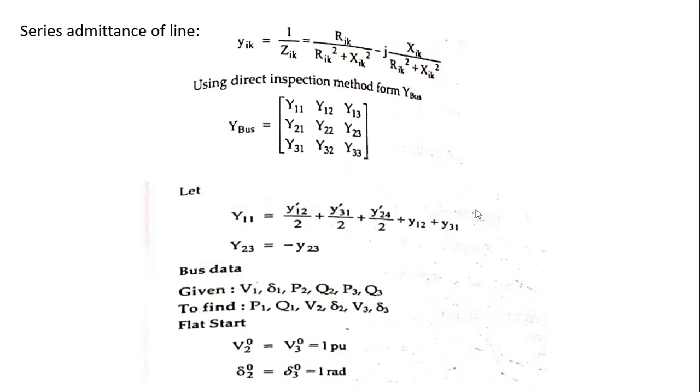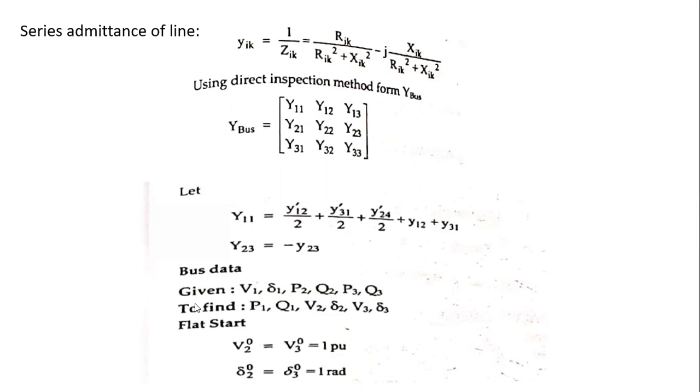Next, Y11 equals y12 by 2 plus y31 by 2 plus y24 by 2 plus y12 plus y31, and next Y32. This is the formation of the Y bus by the direct inspection method.